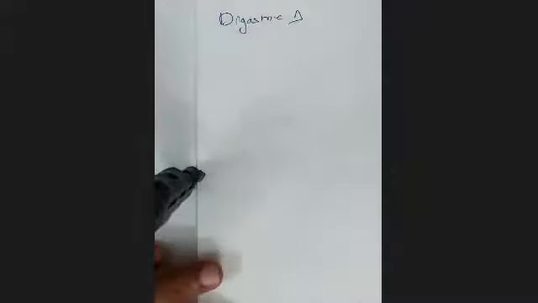With that, we move on to the next triangle, and the name of that triangle is the digastric triangle. Sorry, students, I had written it incorrectly at some places, but it is digastric triangle. Now we already know the boundaries of the digastric triangle.